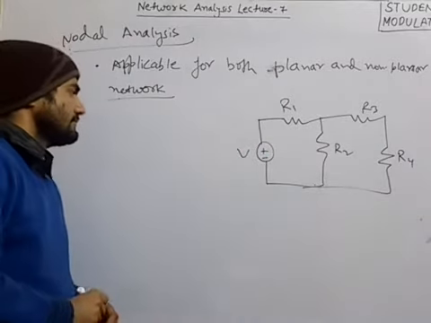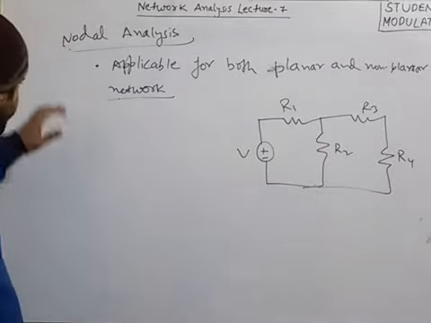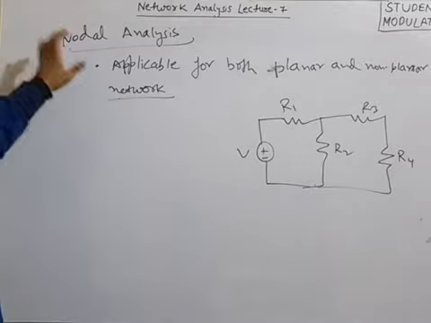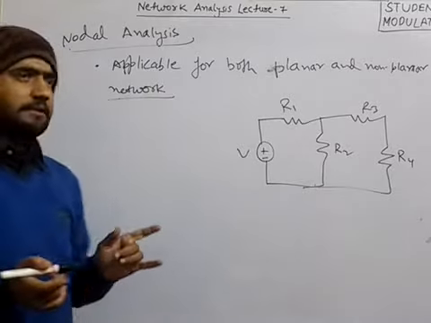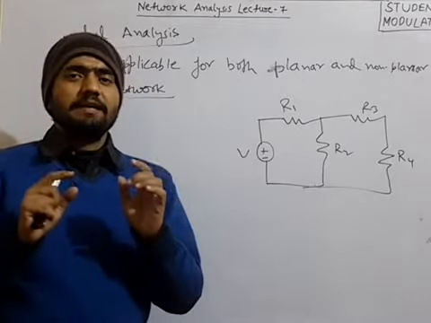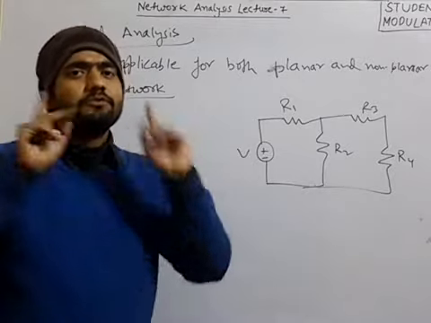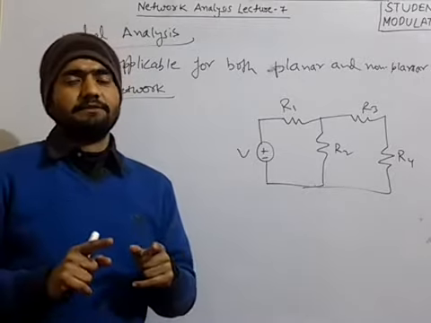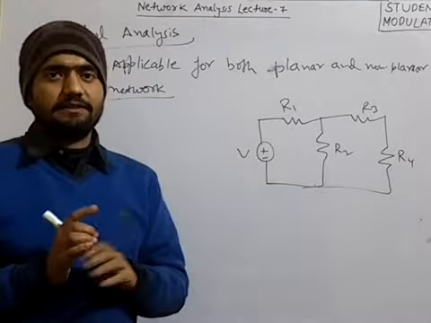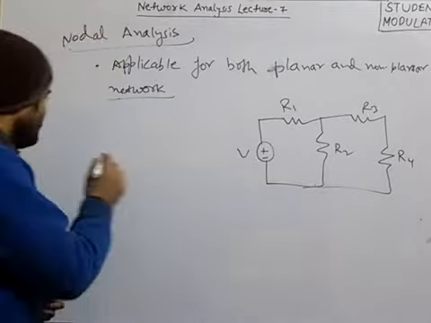Now, for the nodal analysis, first of all, we have to determine all the nodes. Actually, the node is the point where more than two branches are connected. If only two branches are connected like this, then we will not consider it as a node.